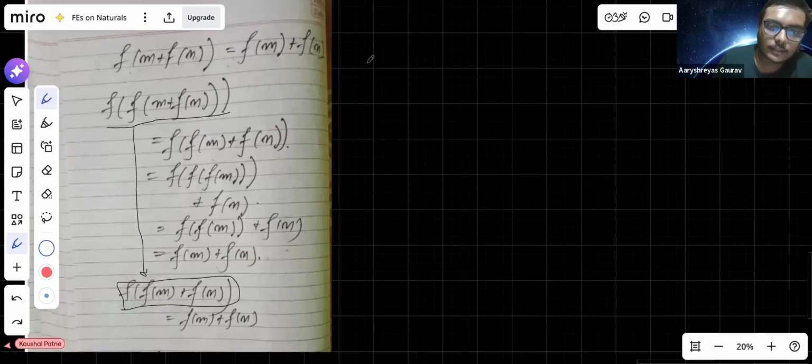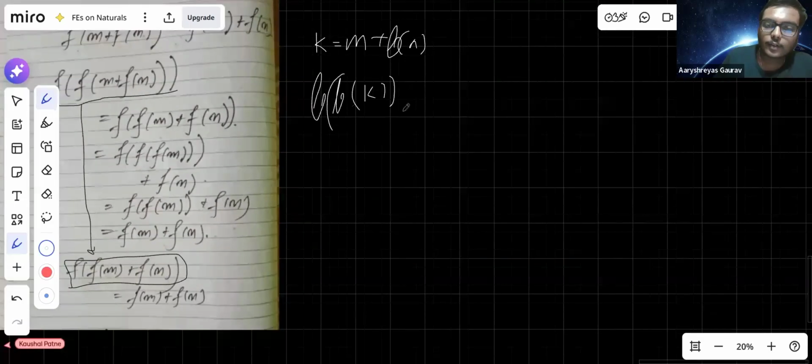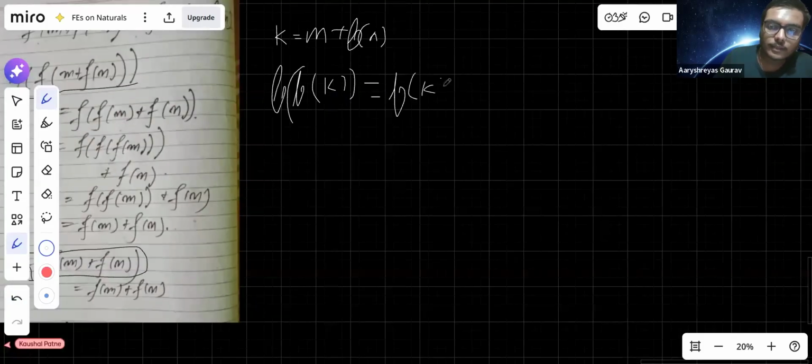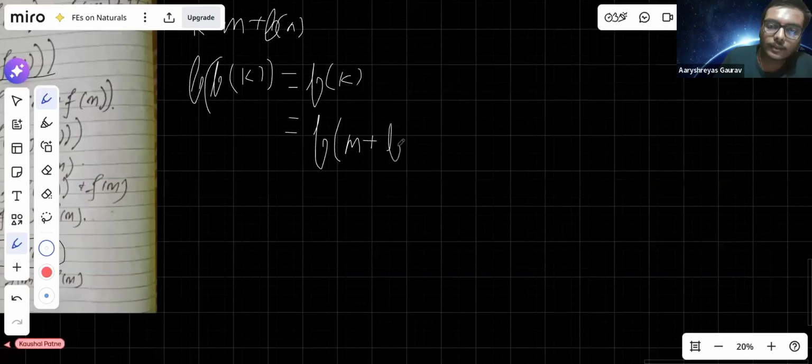If I let, let's say, k is equal to m plus f of n, then what this is saying is f of k, and f of k is f of m plus f of n.